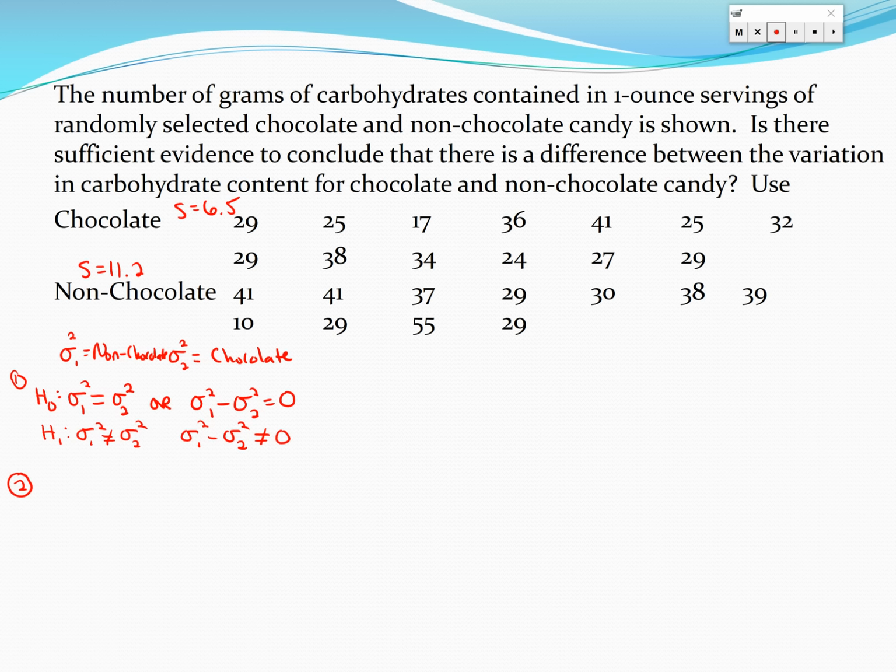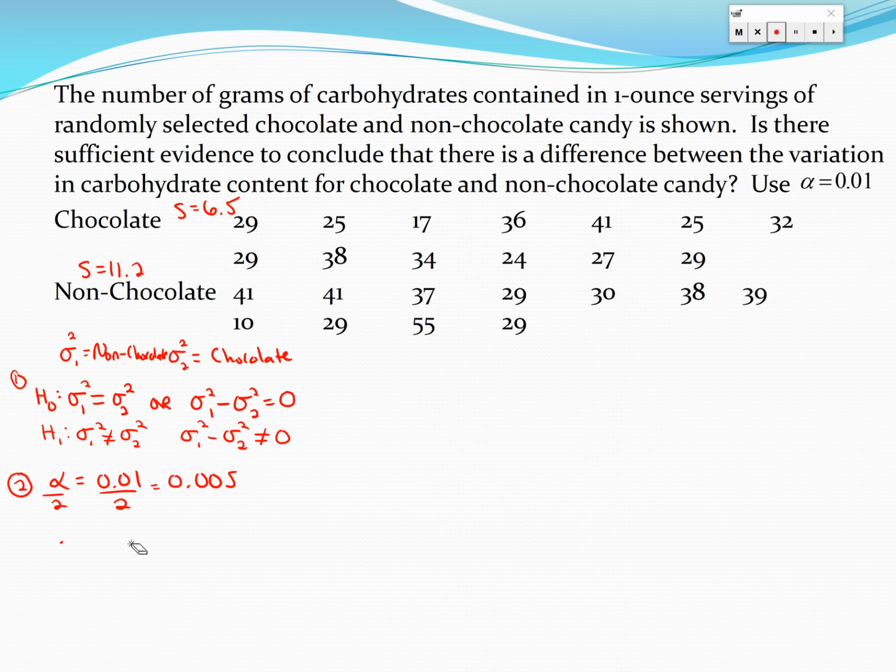Let's get a little more information down here. Our alpha is 0.01. Two-tailed test, so we're going to divide alpha by 2. We need degrees of freedom for the numerator. DFN is how I'll abbreviate that.